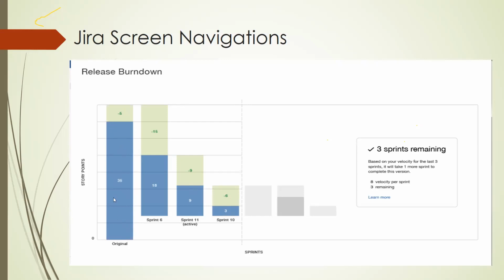Out of my 35 stories, 5 issues are there in the original sprint. In sprint 6, out of the 40, 80 is completed, 16 is still reopened with the new issues. We will see more in this so that you have clarity on how it is happening.